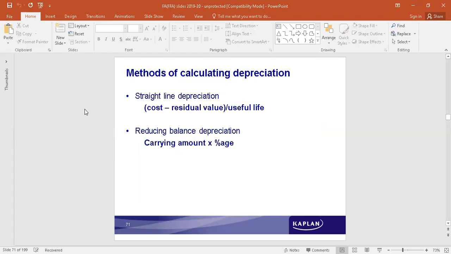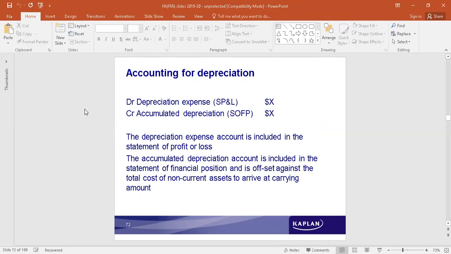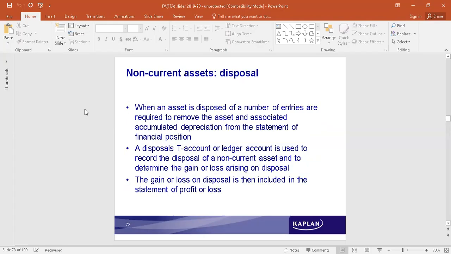Straight line method, which provides depreciation throughout the life of the asset evenly. The same amount would be there each period. But in case of reducing balance depreciation method, whatever is the carrying value, on the carrying value, the percentage of depreciation is applied. Then the journal entries, I did explain to you the concept of accumulated depreciation.